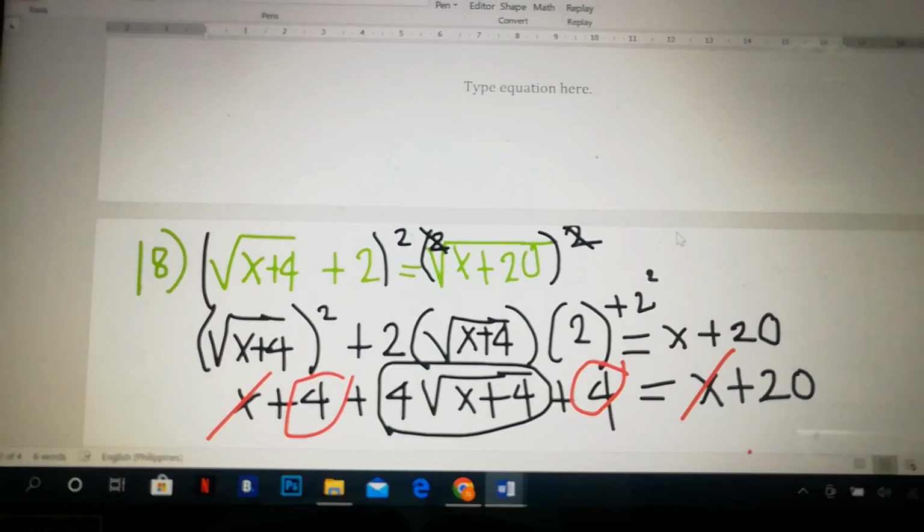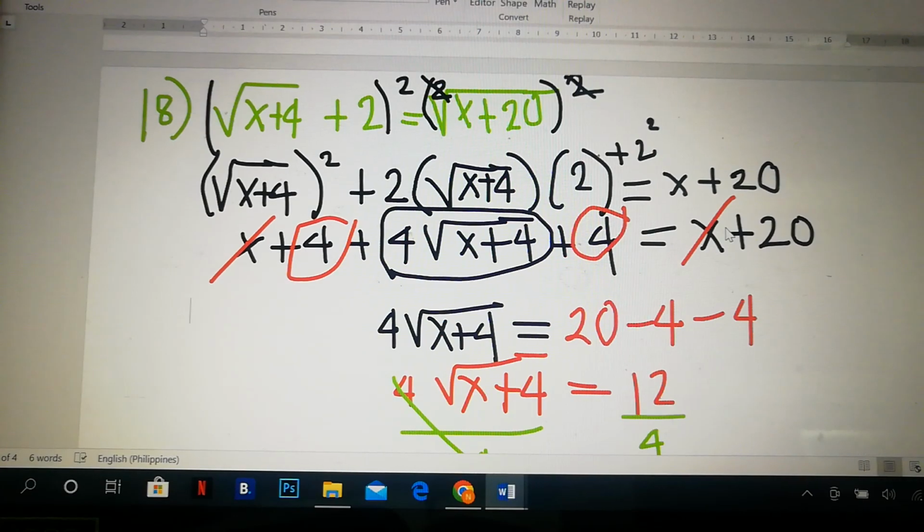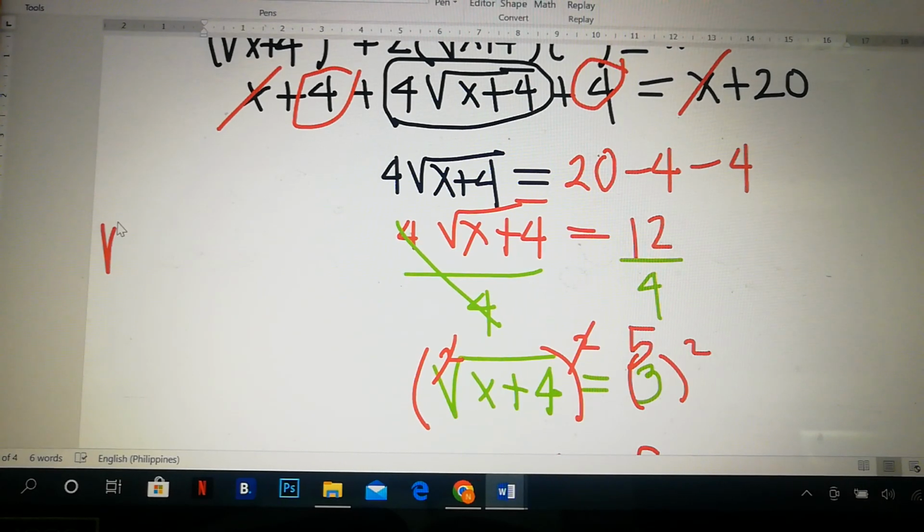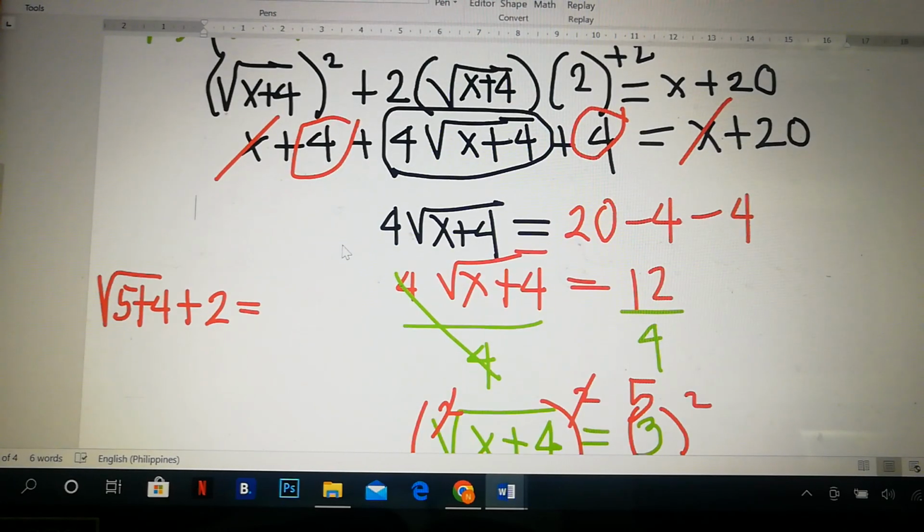So if x is equal to 5, then square root of 5 plus 4 plus 2 is equal to square root of 5 plus 20.